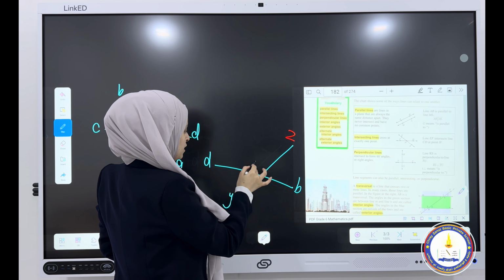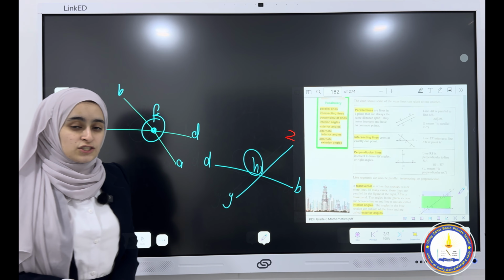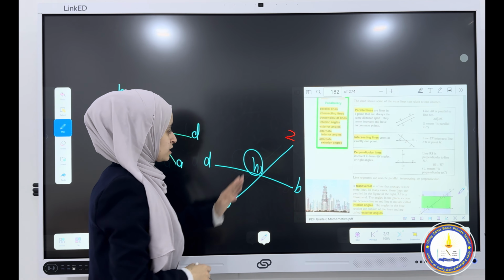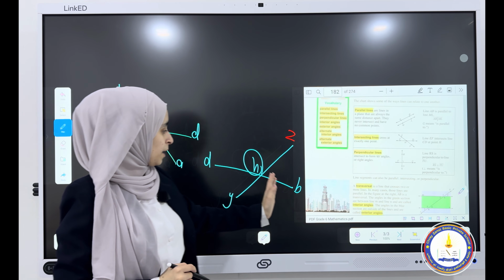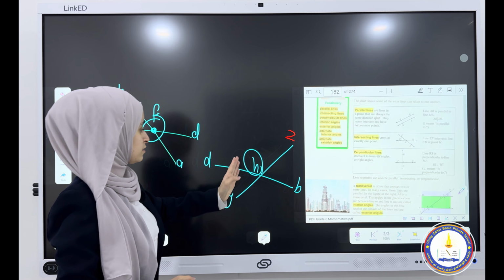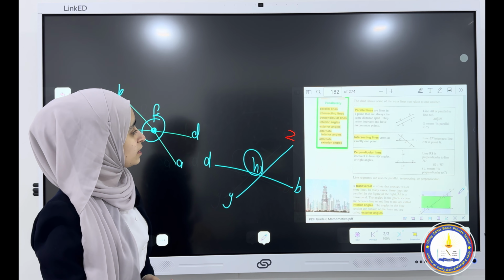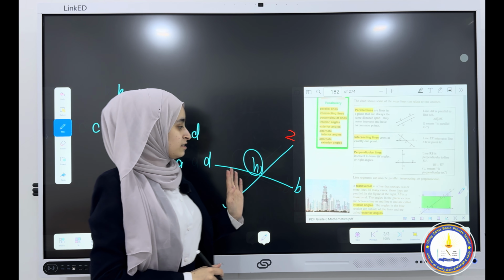In which point? In point H. They can meet each other in point H. ZY is a line that intersects DB at a point H. They only meet each other at this point.